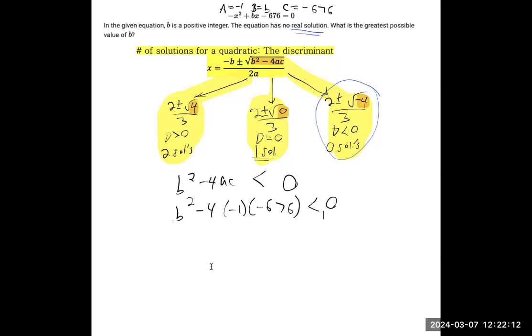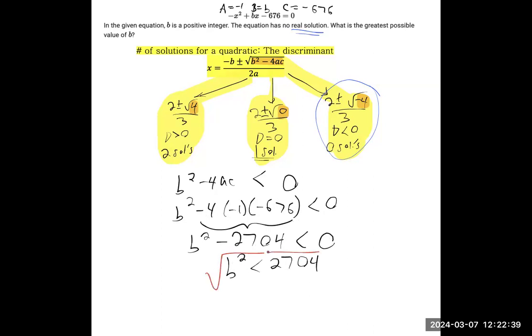And multiplying that out, we've got 4 times 1 times 676, which is 2,704. And this whole thing is going to be negative because it's got 3 negative signs. So b squared minus 2,704 less than 0. Add the big number to the opposite side. You have b squared less than 2,704.